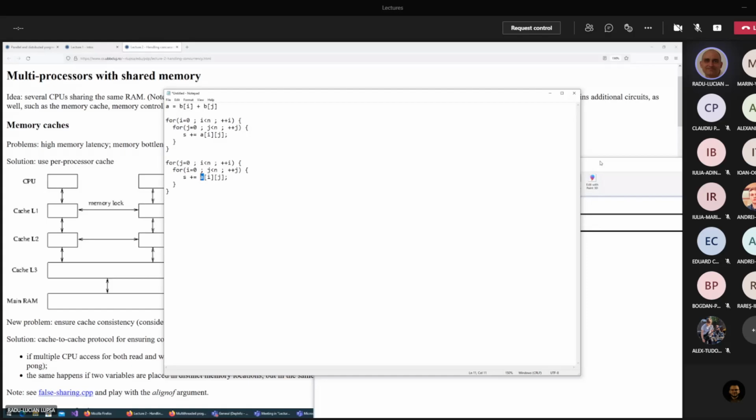Another place where you run into these issues is what's called structure of arrays or arrays of structures. So for instance, you have to represent several points for a graphical application.